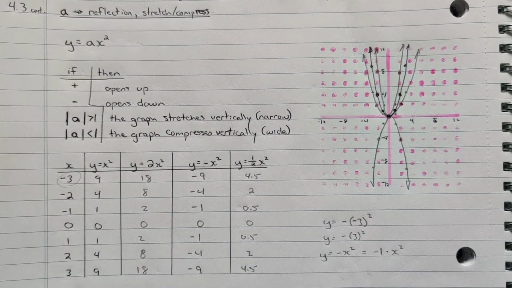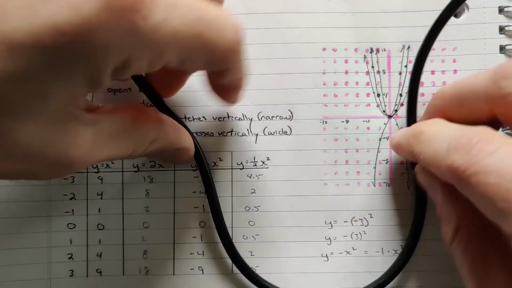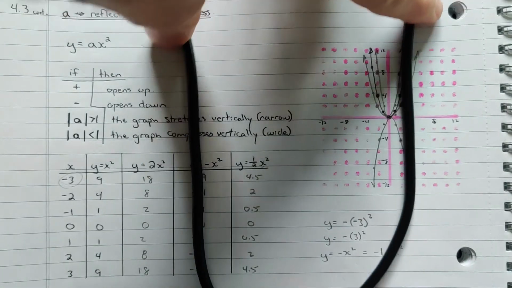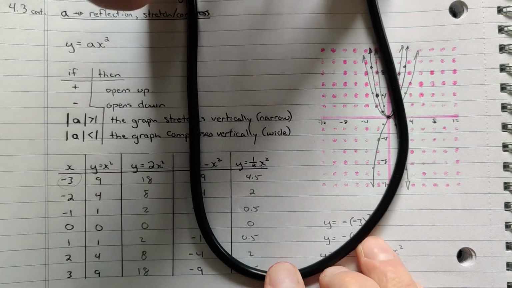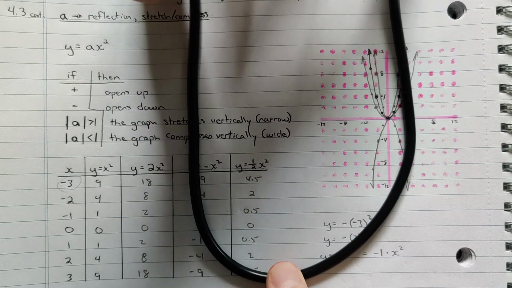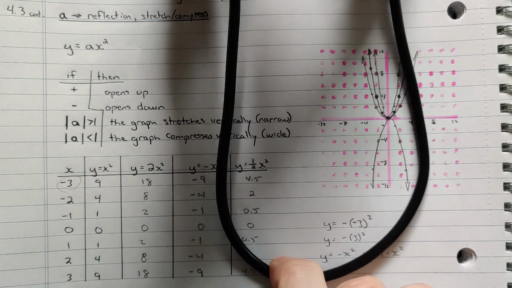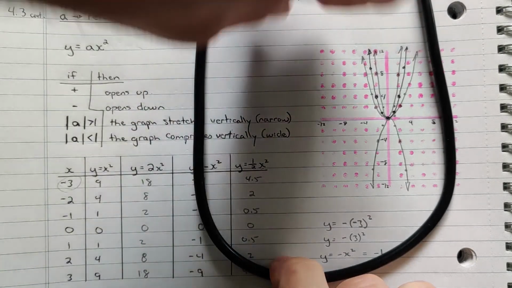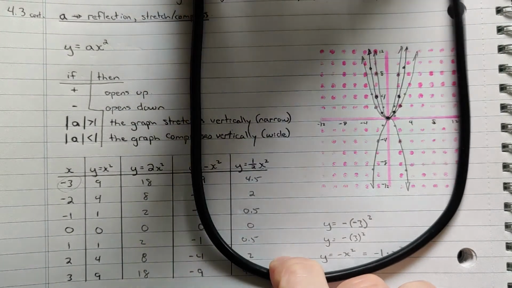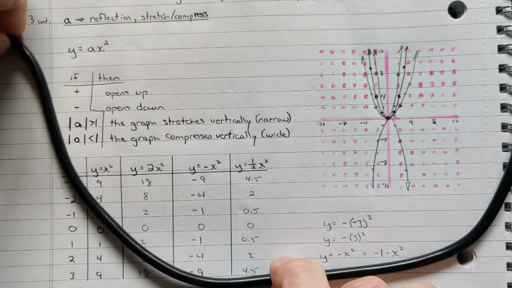I don't have quite a piece of string, but I do have the power cord for my laptop here to kind of show you this. So here's a quasi representation of what we have. We kind of have this parabolic shape here, and when I stretch those points out, you see that the lines get closer together, and then when I push it back down, sorry, when I compress it, it ends up pushing those sides wider.